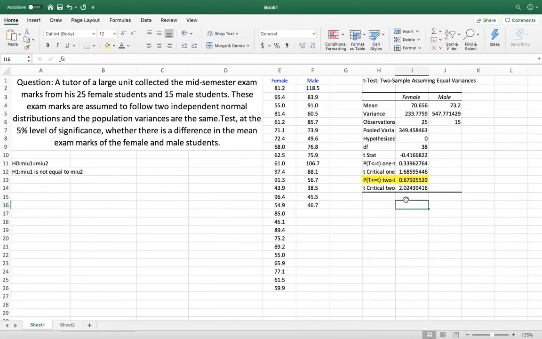So which means that as the p is greater than the significant level, so there is no sufficient evidence to reject the null hypothesis, which means that there is no difference in the mean exam marks of the female and male student.